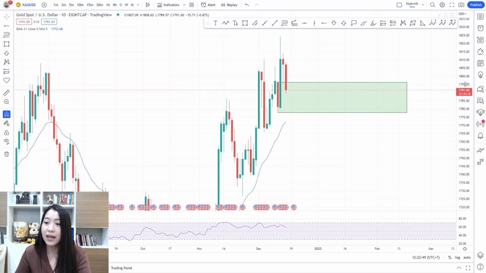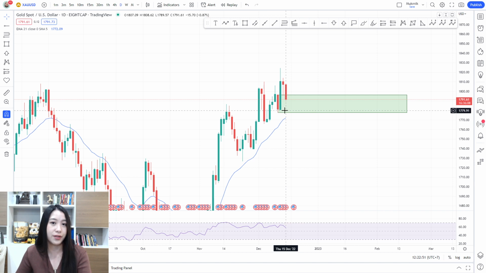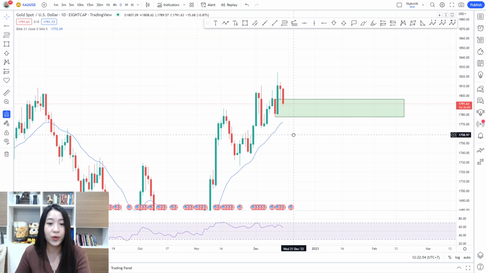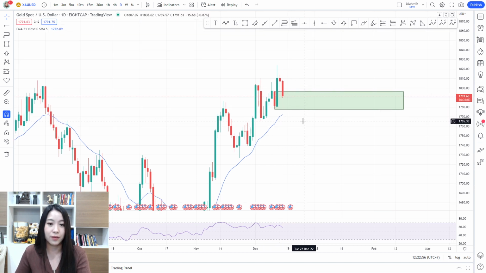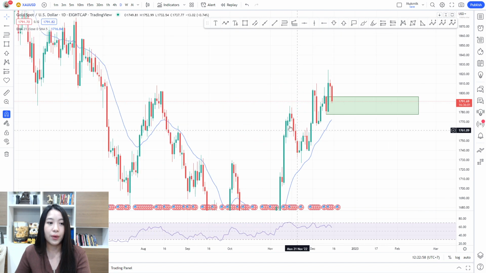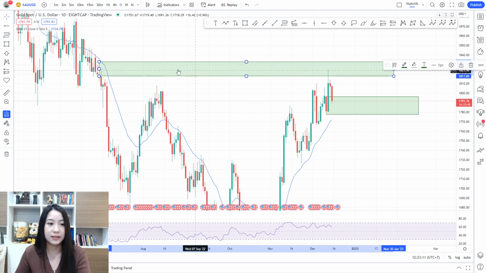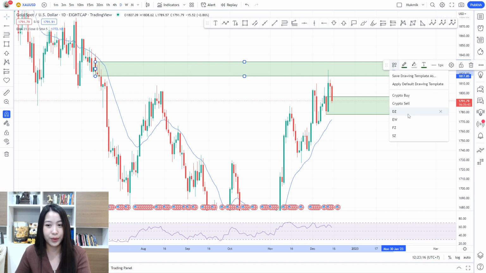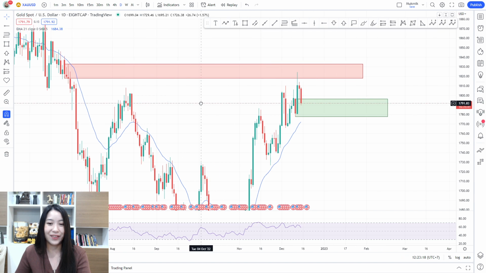So today if the price comes back down to use this zone again, it is not fresh anymore, so I would say this zone is pretty weak. What about the supply zone for the daily time frame? Is it still there? Nope, not a quite clear zone. This one could be considered a supply zone, but I would say it is not really beautiful. So that's the daily time frame.